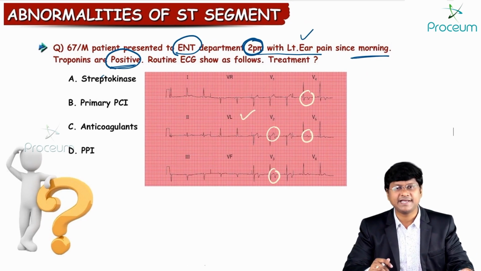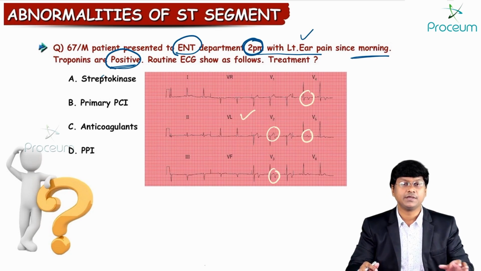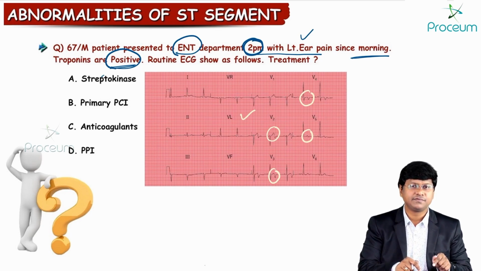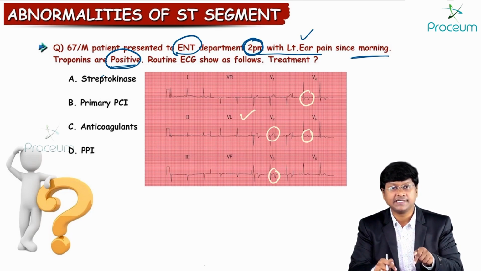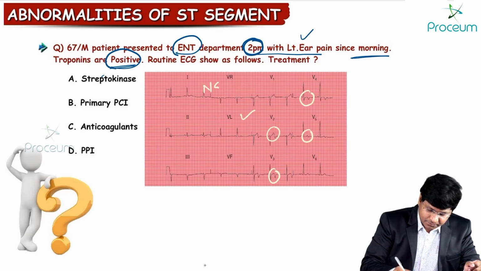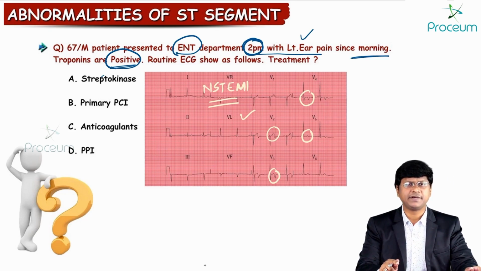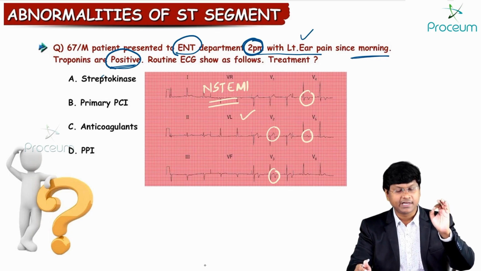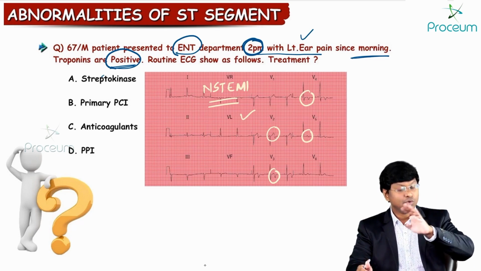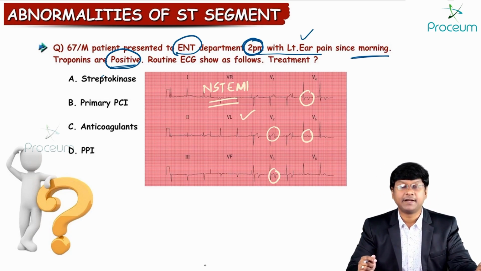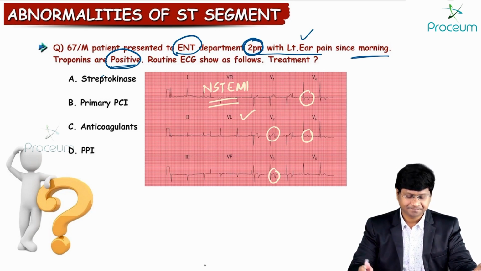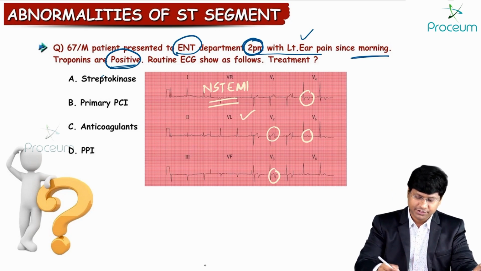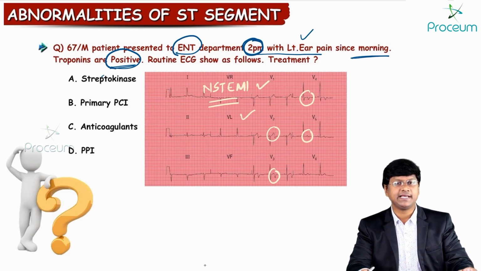So, troponin being positive with non-specific STT changes, you have to consider this patient to be having non-ST elevation MI. In ST elevation MI, serial ECGs will show you a very good ST segment elevation. No doubt it's an MI. But a challenge comes whenever you are having non-specific STT changes. With the background of troponin being positive, we consider this as non-ST elevation MI.